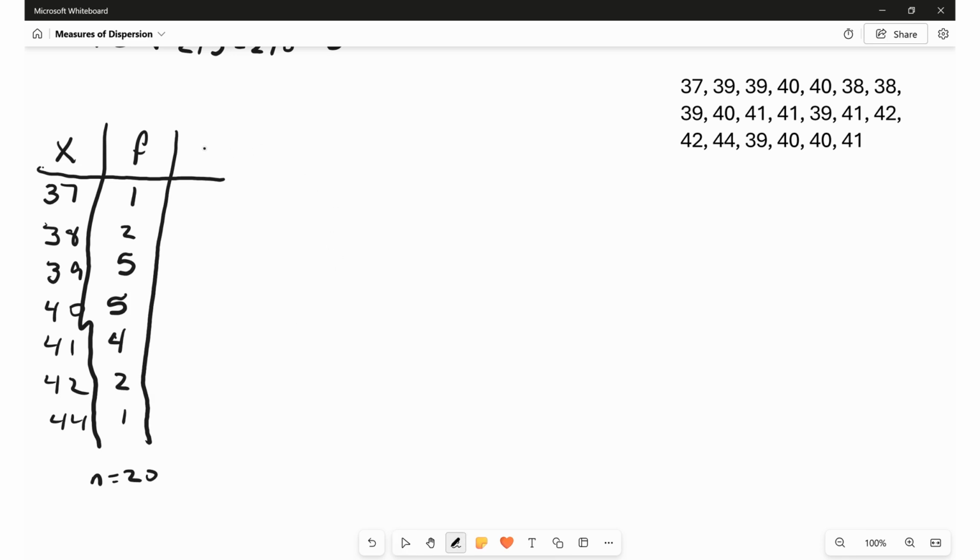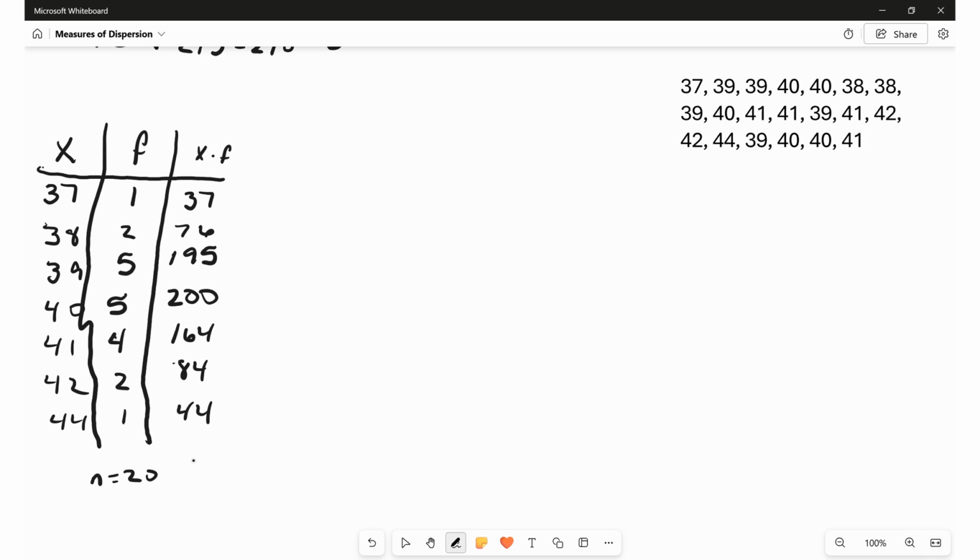Now, if we calculate the product of each of these, we can find out the average or the mean. Okay. So 37, 76, 195, 200, 164, 84, and 44.